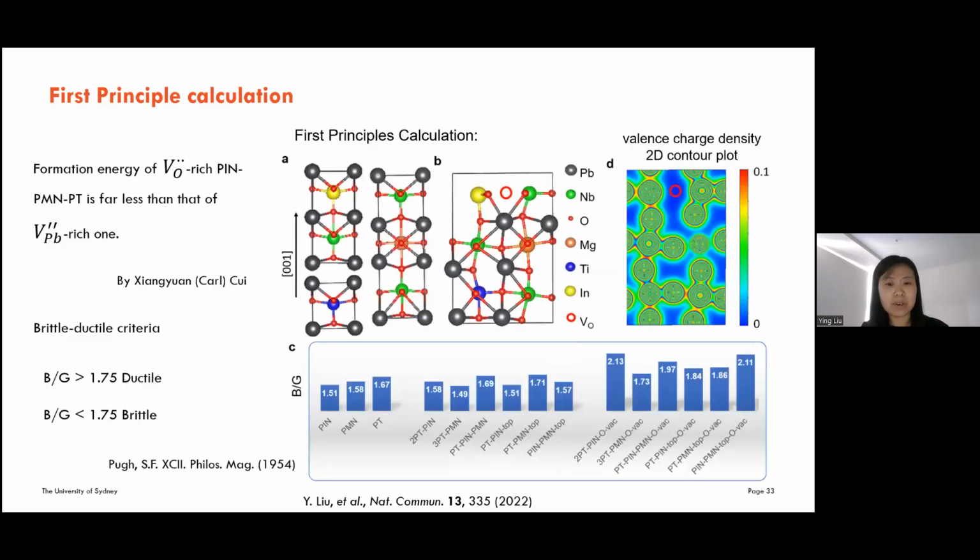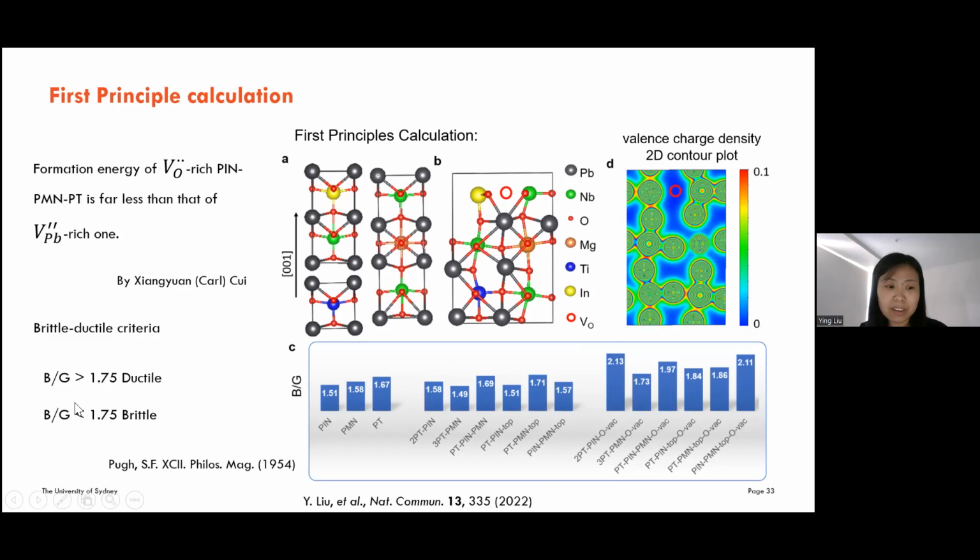Then using first principles simulation, we calculated the energy of the oxygen vacancy in PIN-PMN-PT and the lead vacancy in PIN-PMN-PT. We found that oxygen vacancy decreased the system energy and lead vacancy increased the system energy. So there must be a lot of oxygen vacancies in the system.